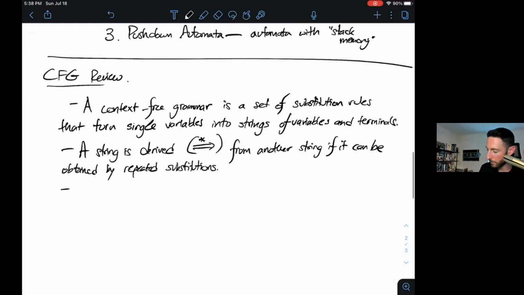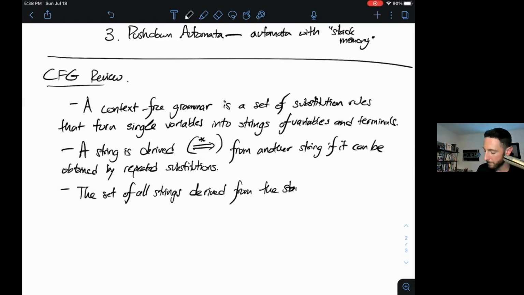Eventually, we'll reach a string of only terminals. The set of all strings derived from the start variable is the language of the grammar. This is the natural class of strings that the grammar defines, all the strings you can make starting at the start symbol.